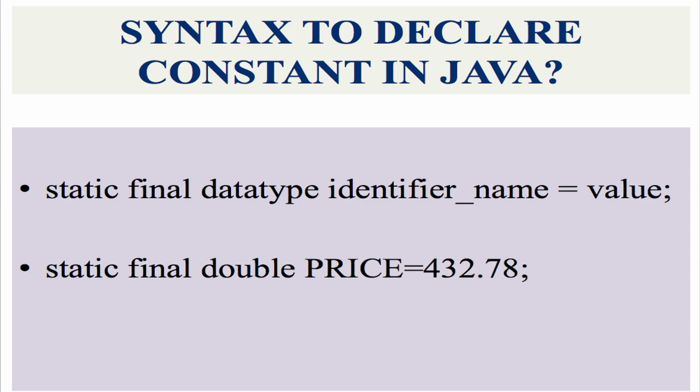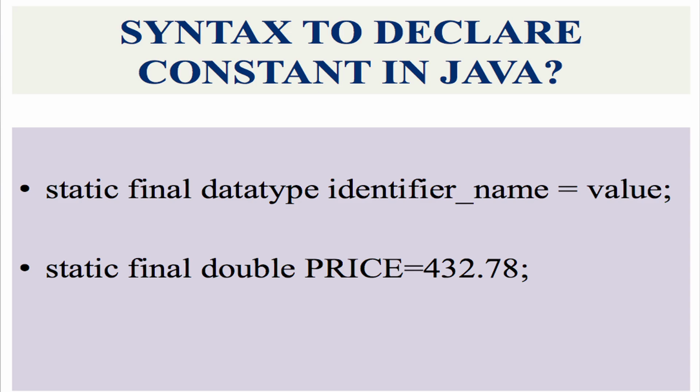And you can see in the next line, static final double PRICE. So this variable is declared here as static as well as final type, and the data type is double, and the variable name PRICE is in capital letters because it is a constant variable.